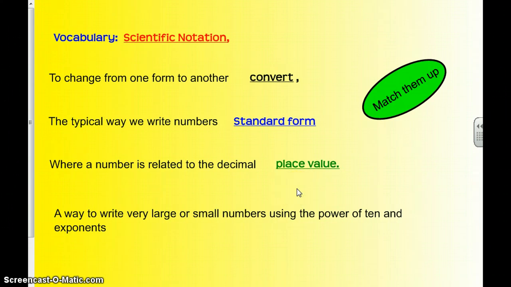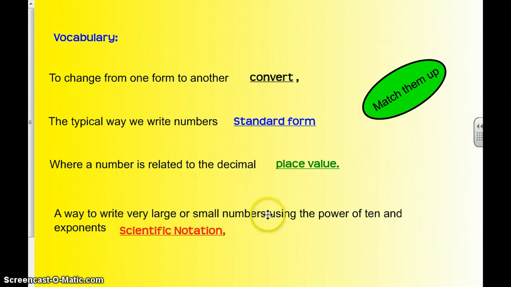Then you have the tens place, the hundreds place. You guys remember that. On the right side of the decimal, you have the tenths, the hundredths, the thousandths. So place value is very important when you're talking about scientific notation. Finally, scientific notation: a way to write large or small numbers using the power of 10 and exponents.